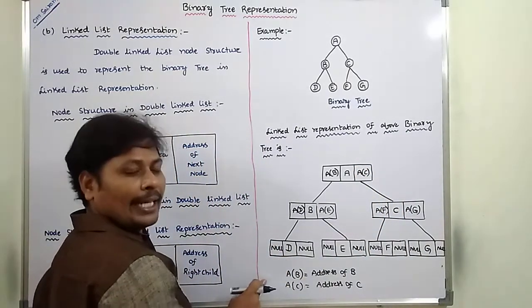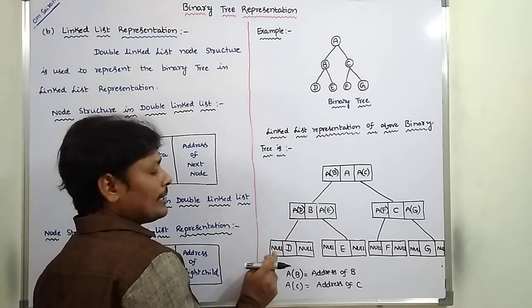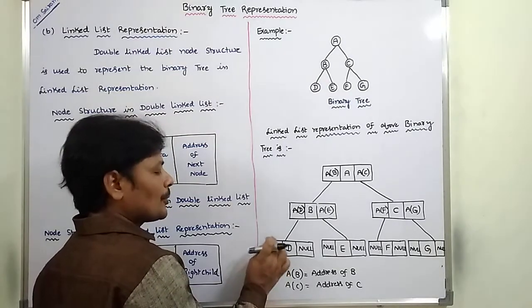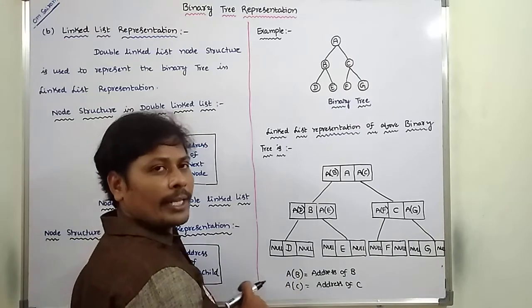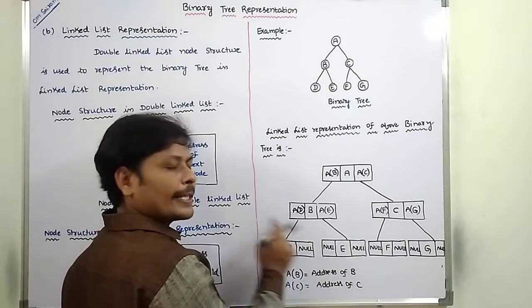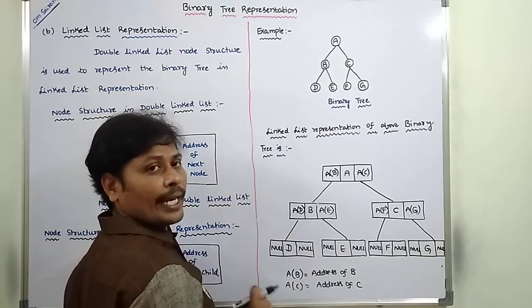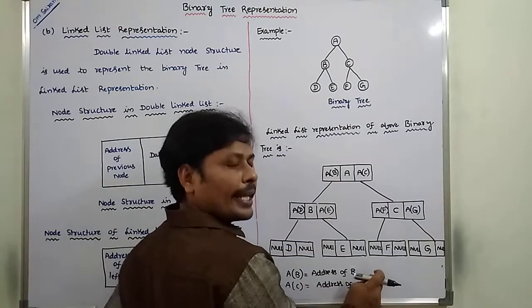D left child is not there. So its left child address is not there, so we can write it as null. D does not have right child, so in the address part we have to write null. E does not have left child. In the address part we have to write null. E does not have right child.